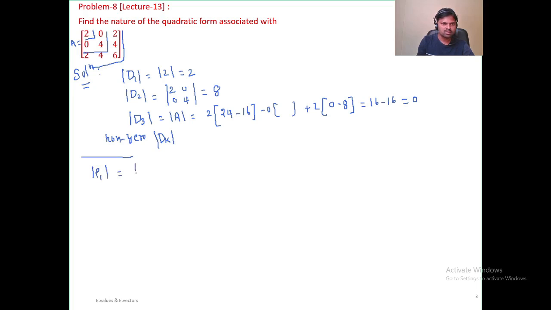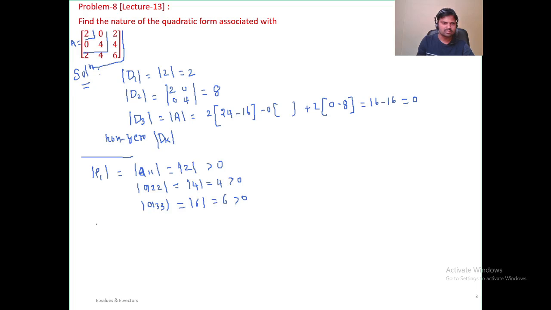What is that? 2, which is nothing but A11, the determinant of 2, more than 0. Next A22, which is the determinant of 4, which is 4, more than 0. Next the determinant of A33, the determinant of 6, which is 6, more than 0.